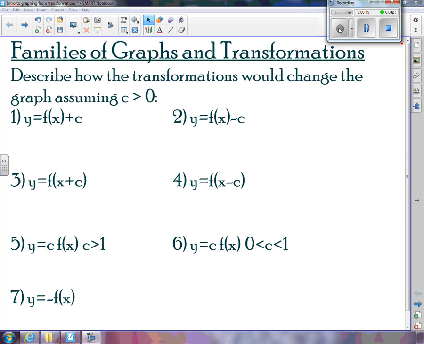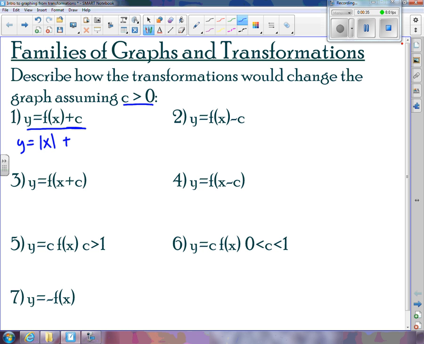So assuming that C is just any number that's bigger than 0, what would happen to a graph if I took my function and I just added C units onto it? So for example, what would happen if I have the absolute value of x and I add some number 3 to it? So this particular example, that plus 3 would make the graph go up 3.